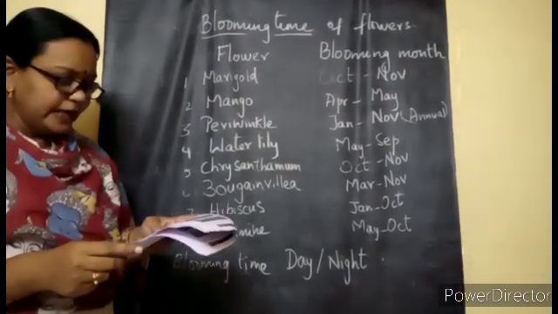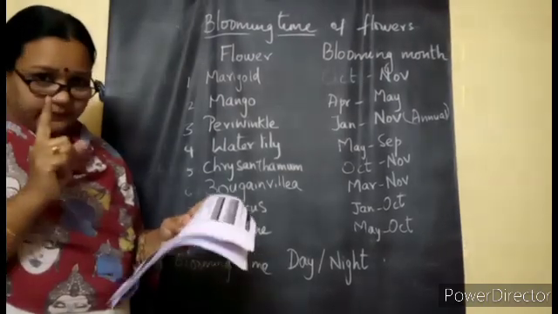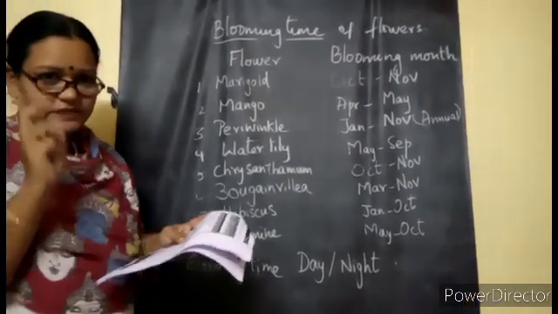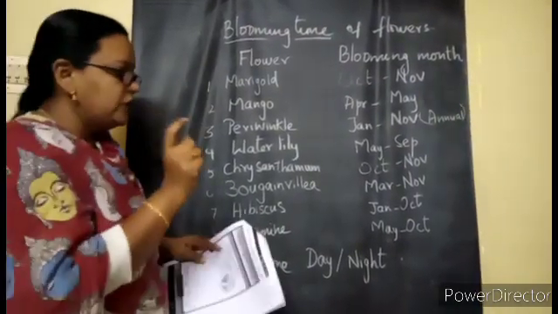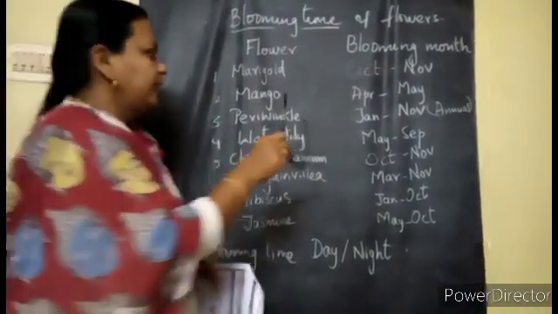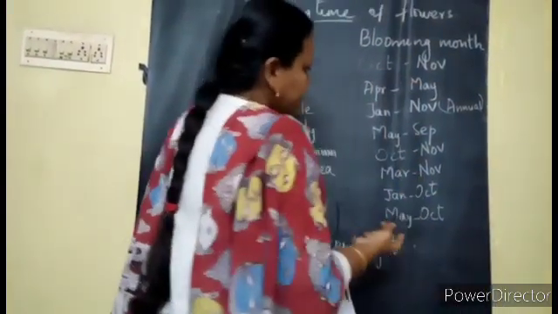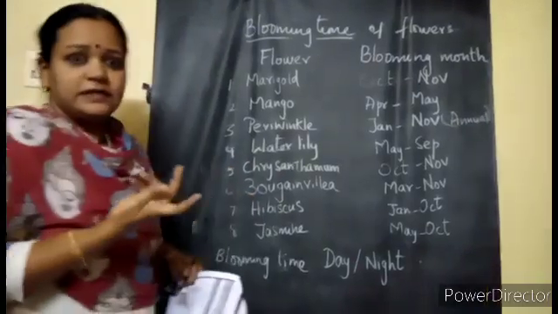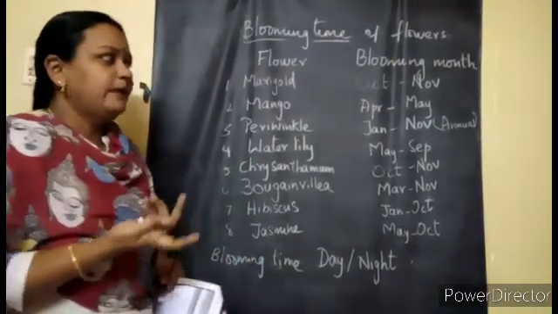Second question, name 2 flowers that bloom in only one season. They will bloom in only one season, other seasons we cannot see them. So very particularly in only one season. For example, winter season we will have December, January, and summer we have April, May, June.